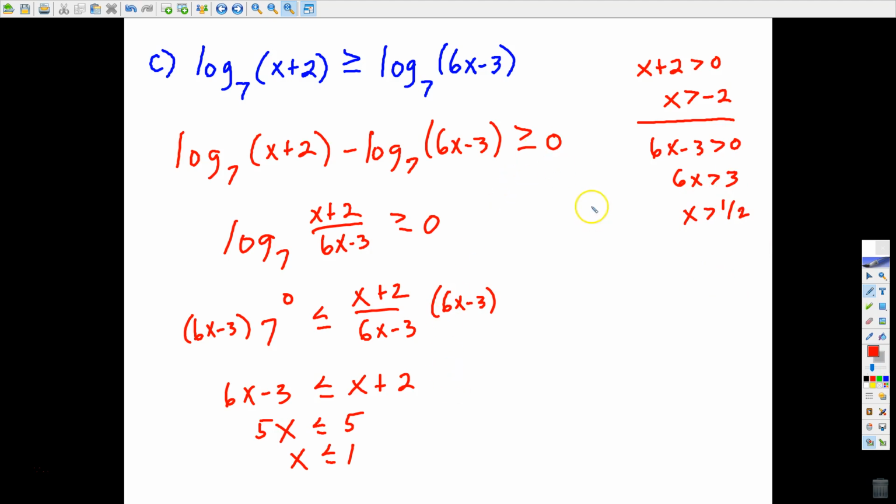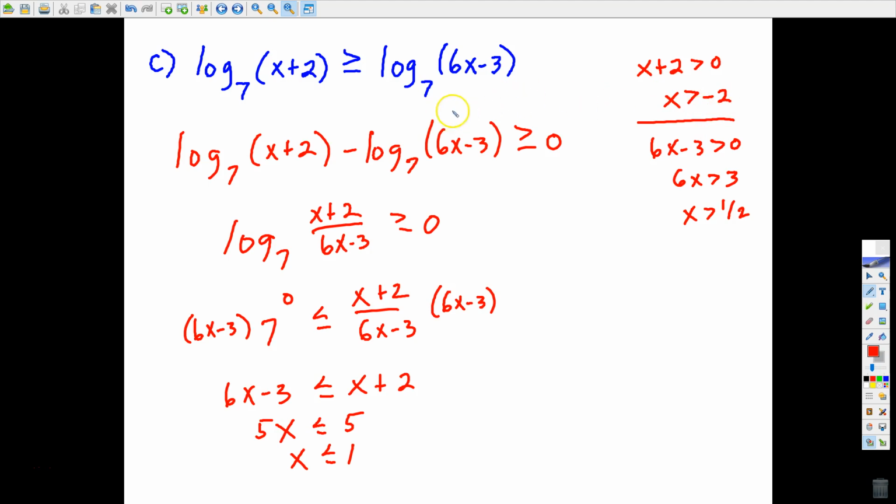Well, here's the thing. When I pick numbers for x, they have to work for both of these. I can't pick numbers for x that satisfy one without satisfying the other. Let's just take, for example, the numbers that are described here, numbers that are greater than -2, which would include -1.